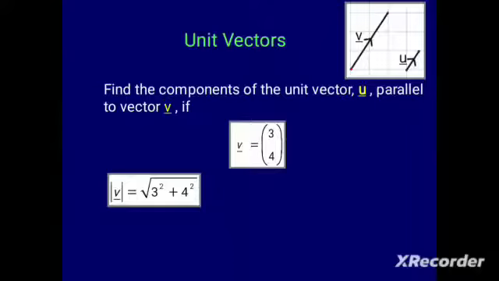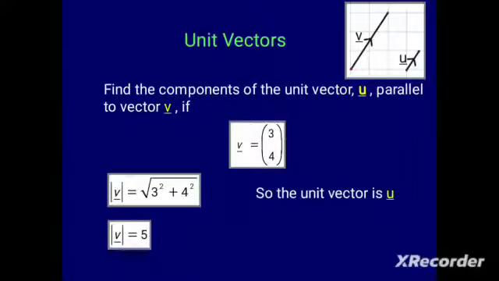So the magnitude of vector v will be the square root of 3 squared plus 4 squared. That is equal to 5, because we have 9 plus 16, so we get root 25, which we can get the exact root.